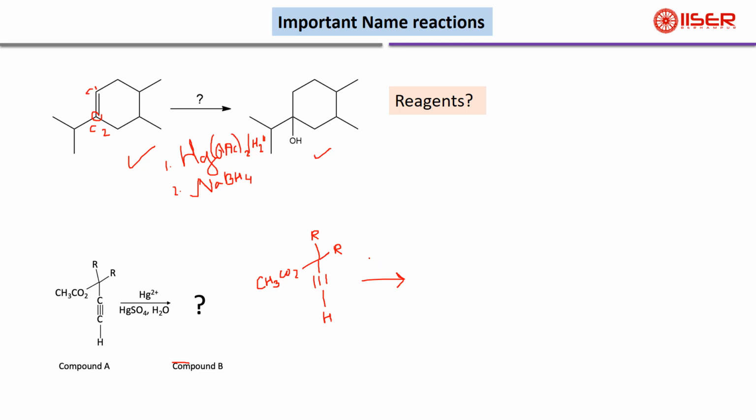So if you add the Hg2+, it will form, after that?